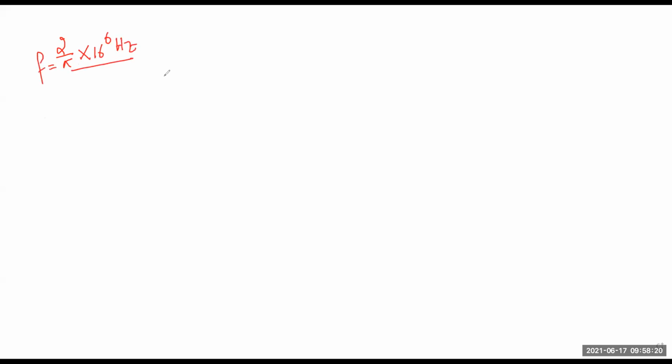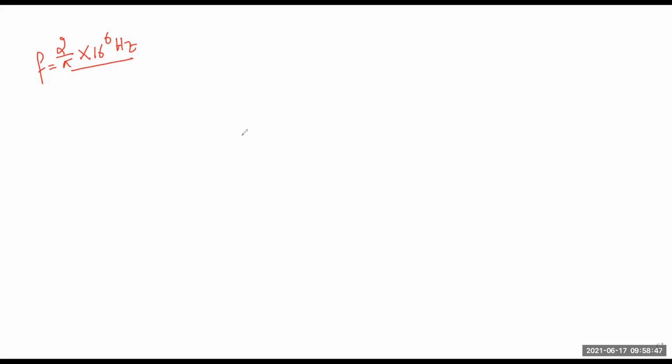Then at the second harmonic of this frequency, resonance is produced by a capacitance of 50 picofarad. Then calculate the self capacitance and inductance of the coil. Okay, so this is the question which I have given you in the previous class.